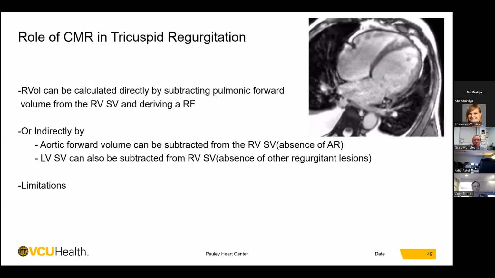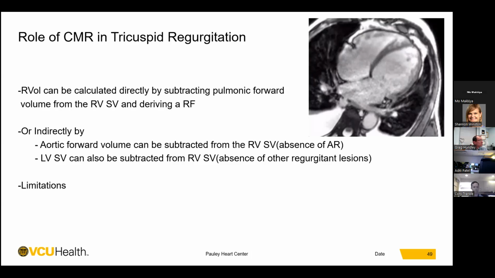Or we can do that indirectly by measuring the aortic forward volume and subtracting that from the RV stroke volume in the absence of aortic regurgitation. Or the LV stroke volume can also be subtracted from the RV stroke volume in the absence of other regurgitant lesions.